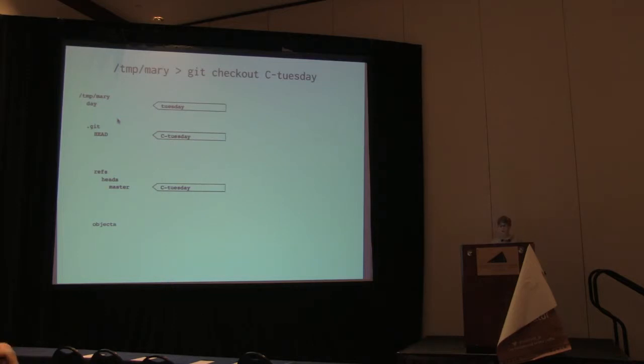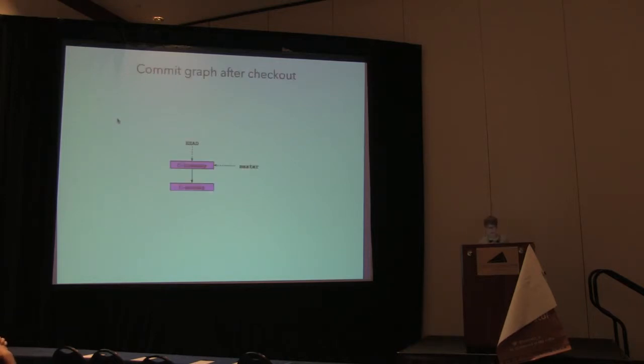Now, the state of that commit is actually just exactly what we've already got checked out, so there's no need to make any changes to the working copy. So we're in the detached head state. Now, let's just see what that looks like in the commit graph again. So we were in the situation where head was pointing at master, but now head is pointing directly at C Tuesday. So this is a detached head.